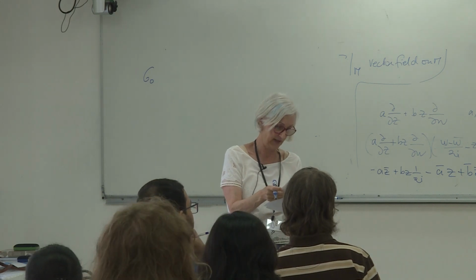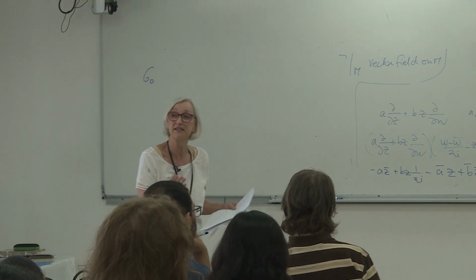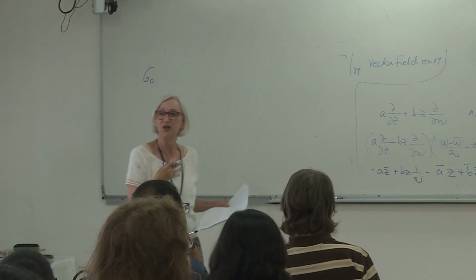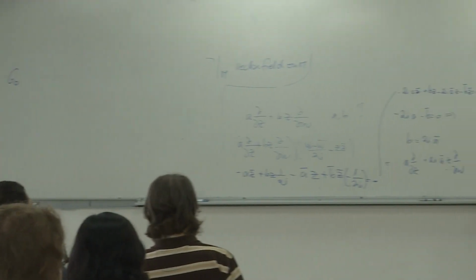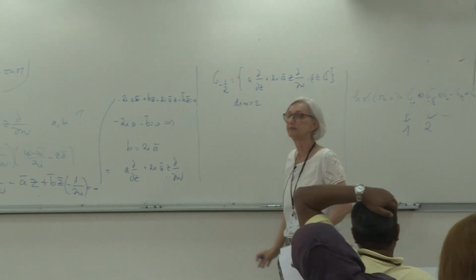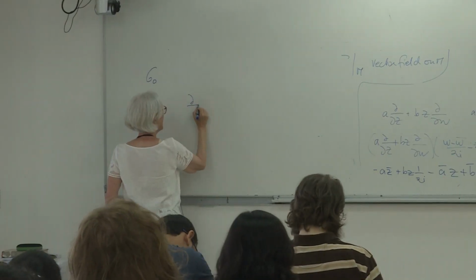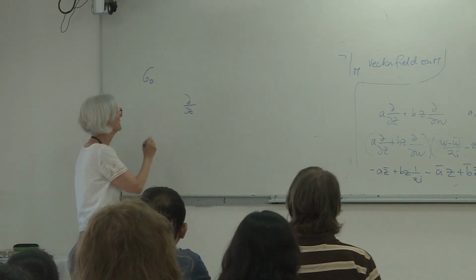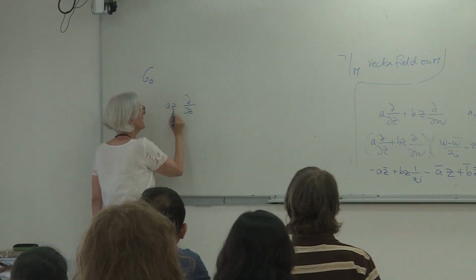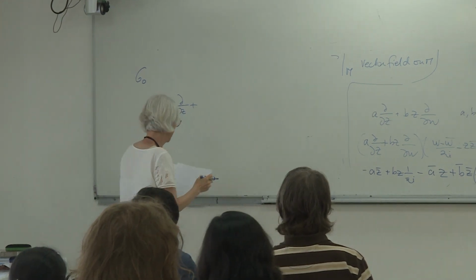How can I write in a general form some guy which is in G naught? If I have ddz, what can I put here? Some AZ plus, and in front of what can I put?